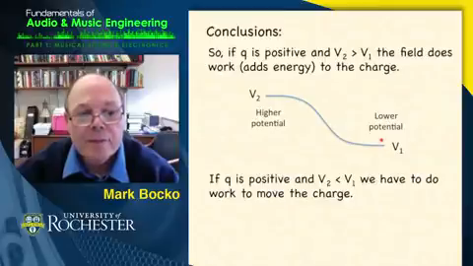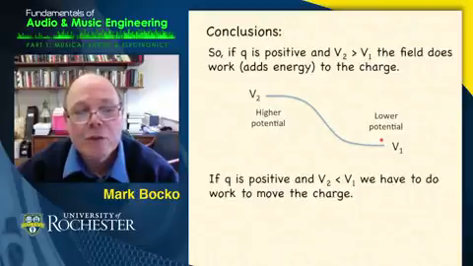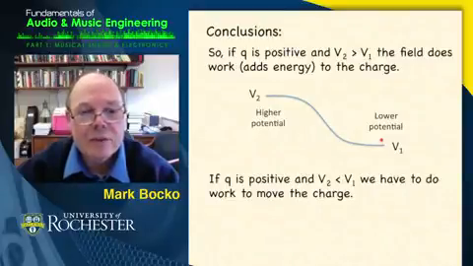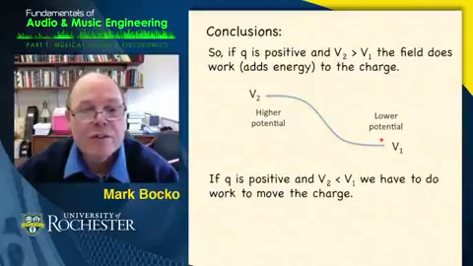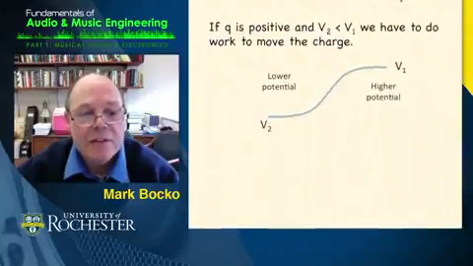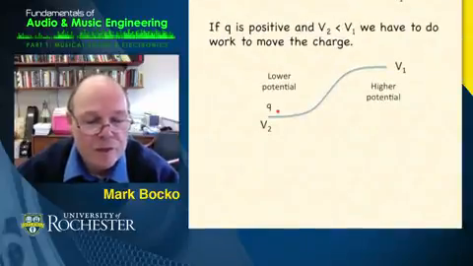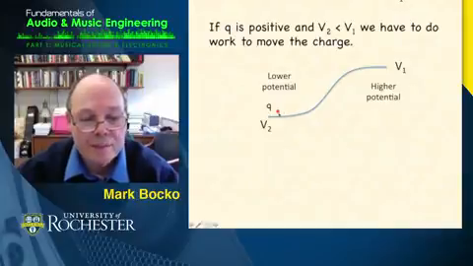So if Q is positive and V2 is less than V1, we have to do work to move the charge. We're trying to push the charge in the opposite direction to the direction that the electric field is trying to push the charge. So we have to add energy. So in that picture, the charge starts off at a lower potential, and I have to push it up the hill.